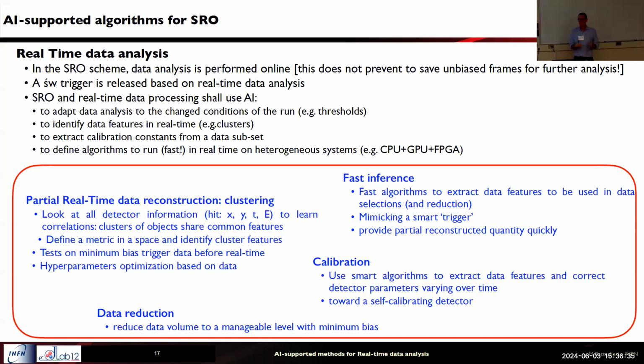We are not planning to dismiss anything. We want to get everything written on tape, even if you can do real-time analysis. And with the rates we are talking about, this is feasible.